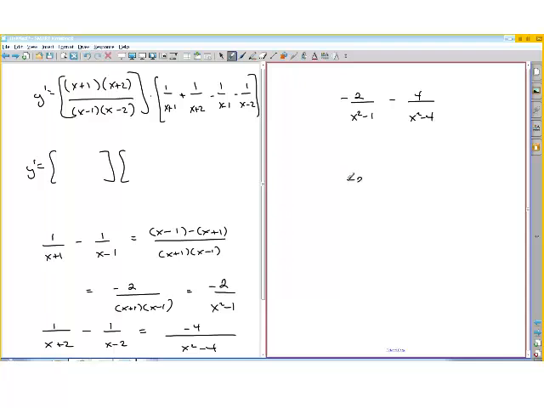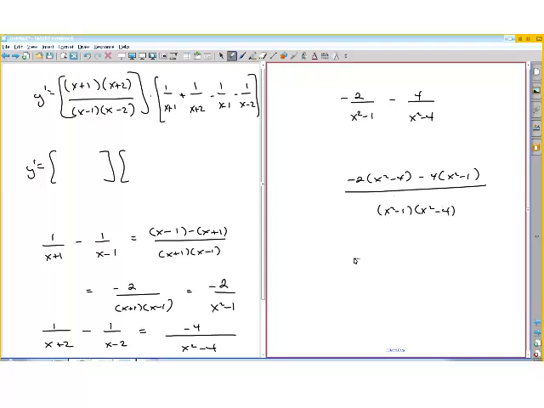So we'll get negative 2 times x squared minus 4 minus 4 times x squared minus 1, all divided by x squared minus 1 and x squared minus 4.